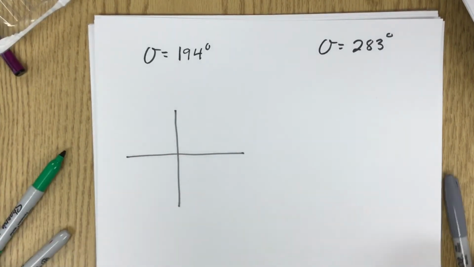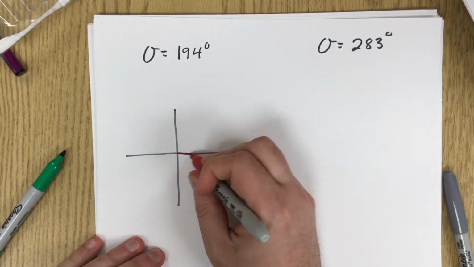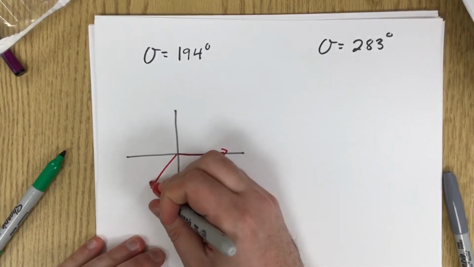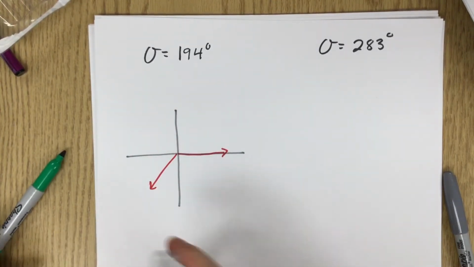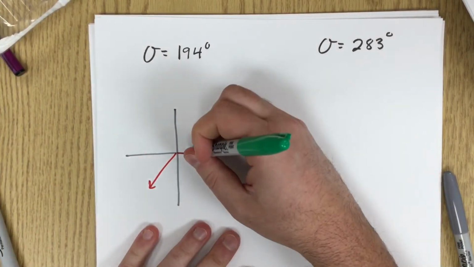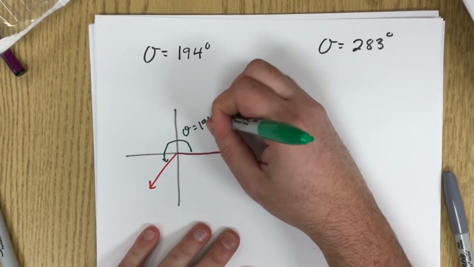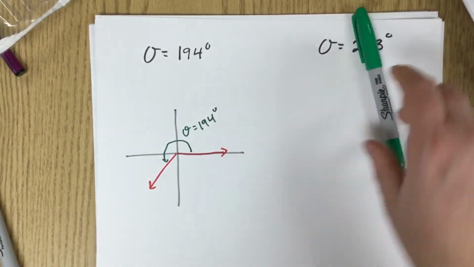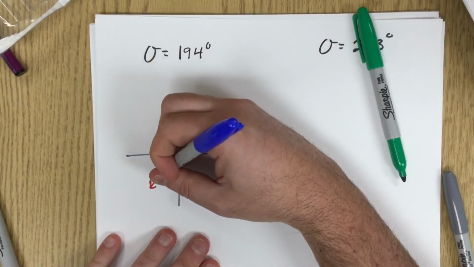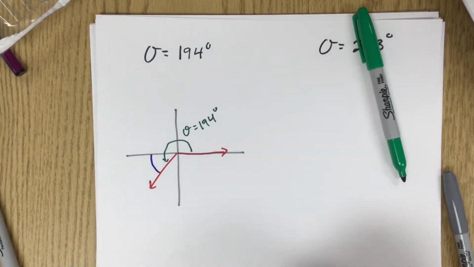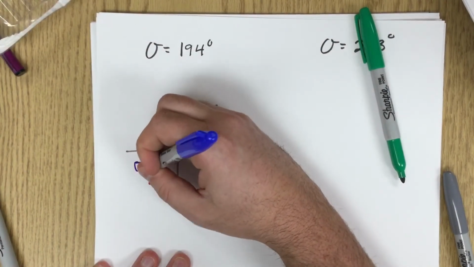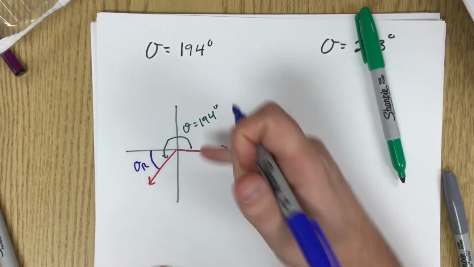194 puts us in the third quadrant. So there we go, that angle over there is 194. The related acute angle is between the terminal arm and the nearest x-axis. In this case, the whole thing is 194.